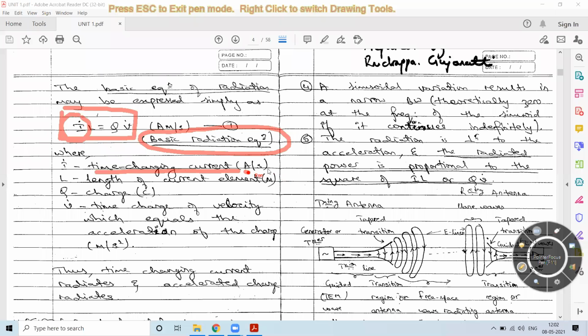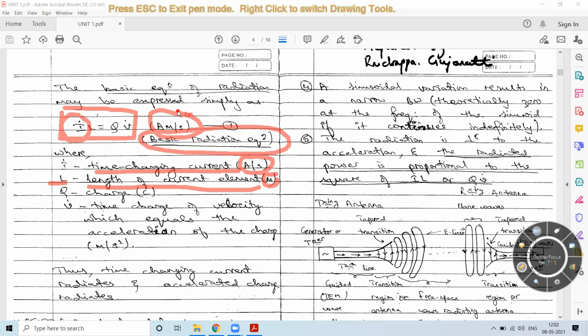Since it is time changing, it is ampere per second. And L is the length of the current element, which is given in meter. So its SI unit can be ampere meter per second.